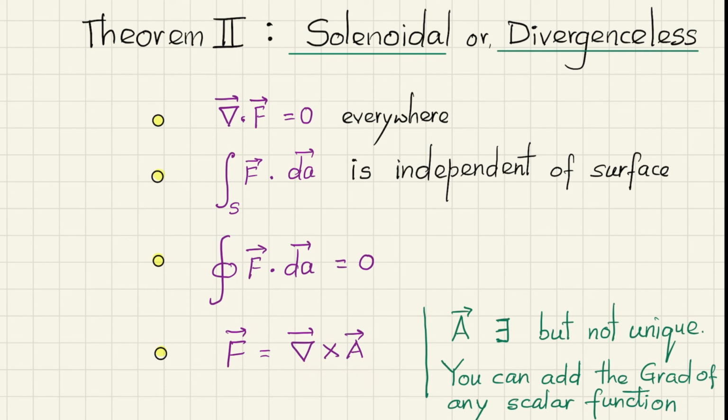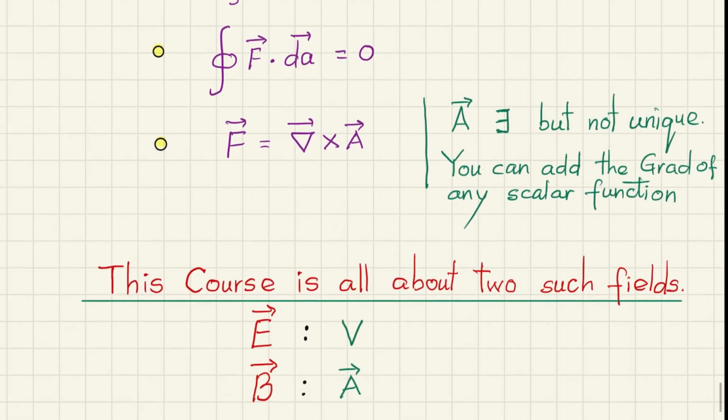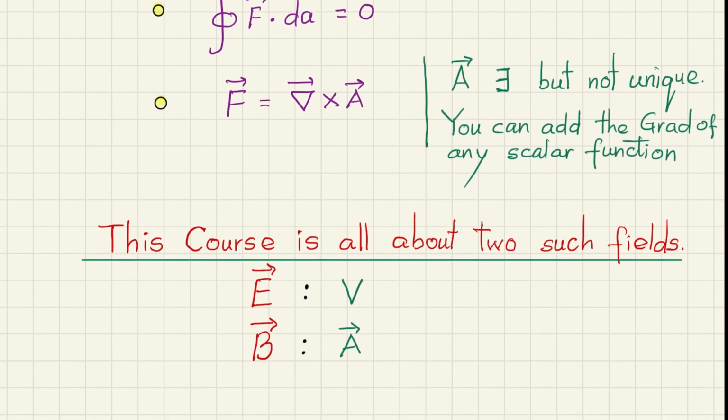All right. So in fact, all of the electromagnetism that we are going to do falls into this class. This course is all about two such fields: the electric field, which can be expressed as minus grad of V, and the magnetic field, which can be expressed as a curl of A. The electric field is irrotational, so del cross E is always 0, and for the magnetic field, the divergence of B is always 0.